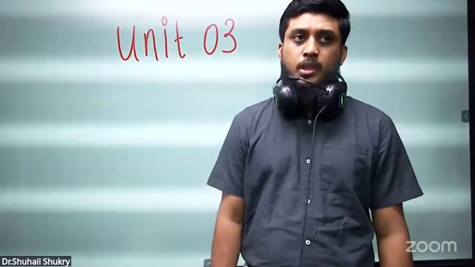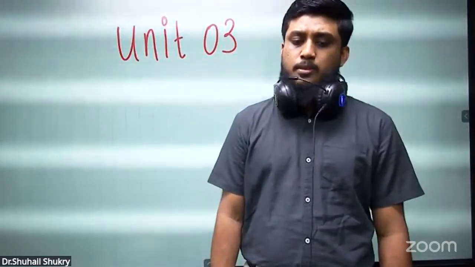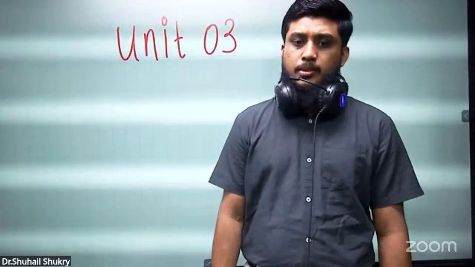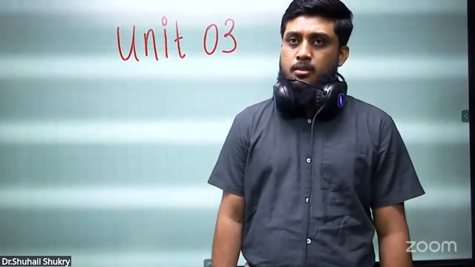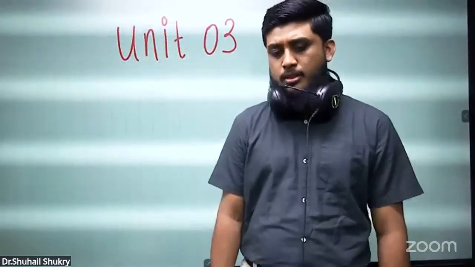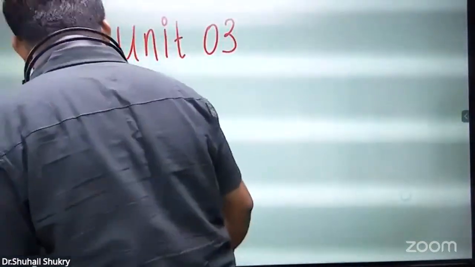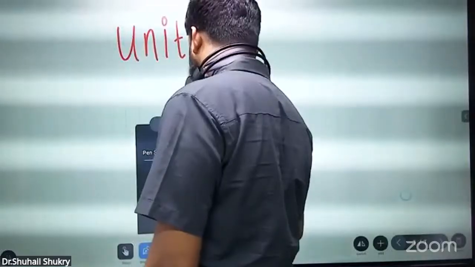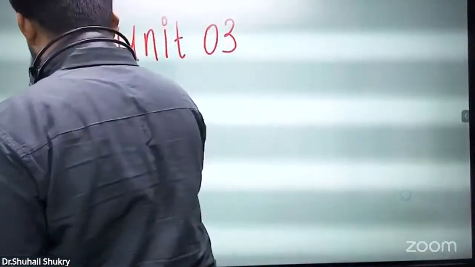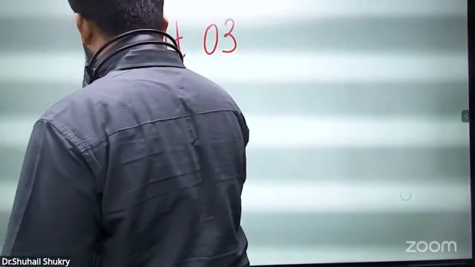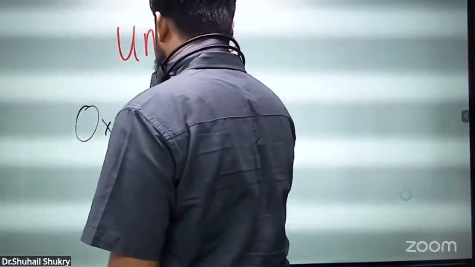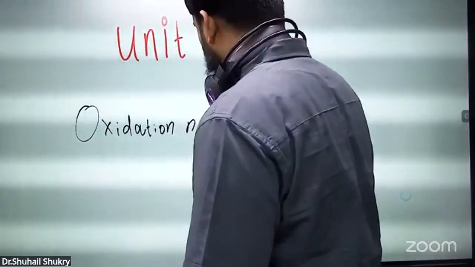Under chemical calculation, first of all, we'll speak about oxidation numbers. The topic is oxidation numbers.